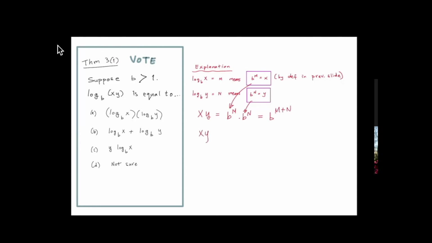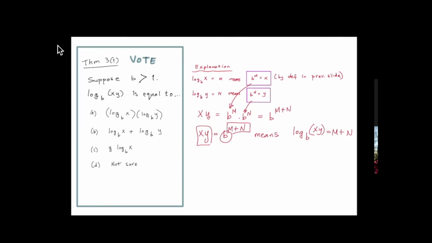So I have xy is equal to b to the m plus n. This means that log base b of what I have here, xy, is equal to the exponent m plus n.